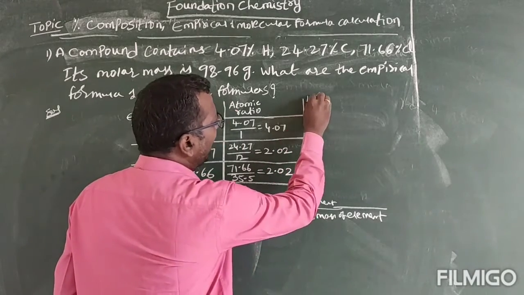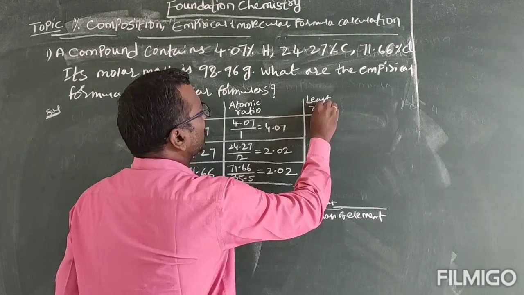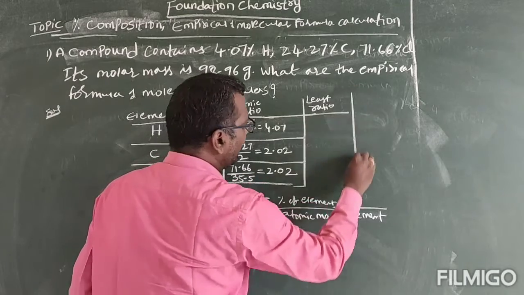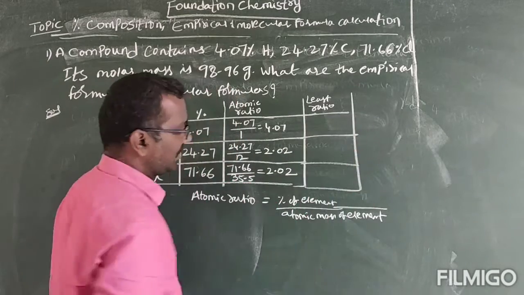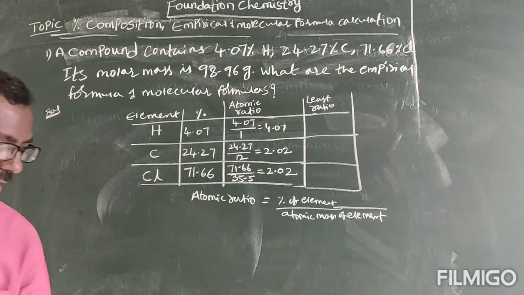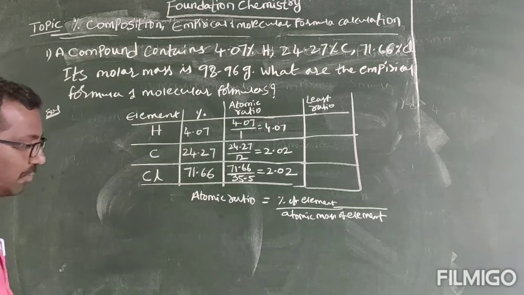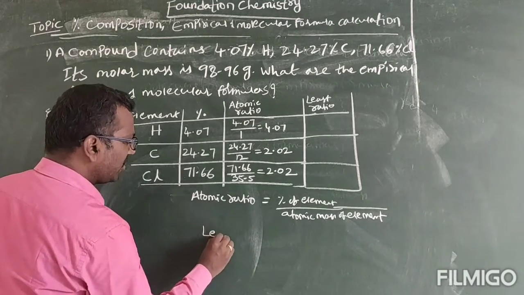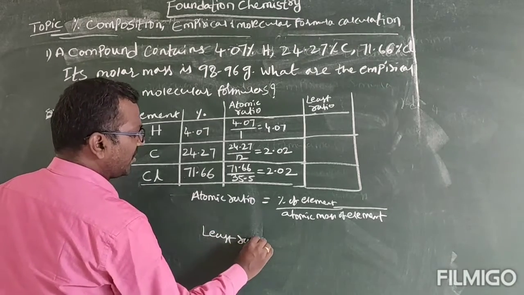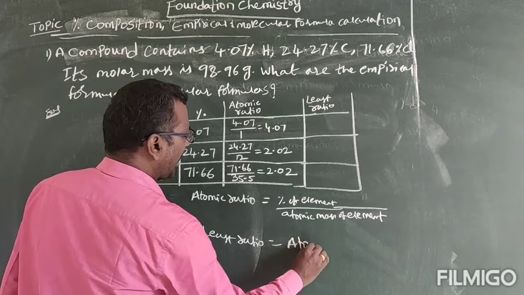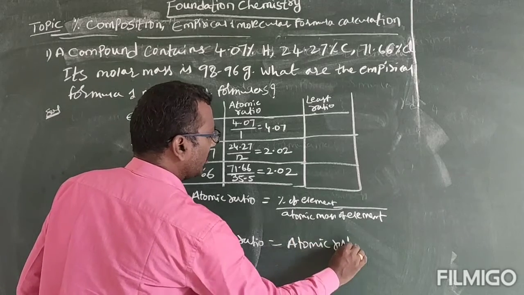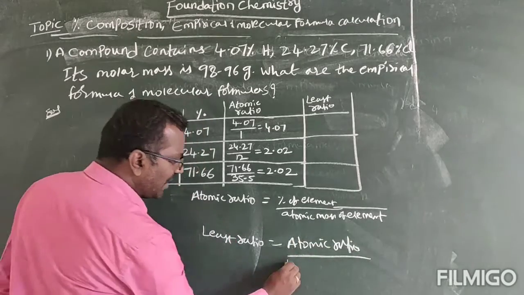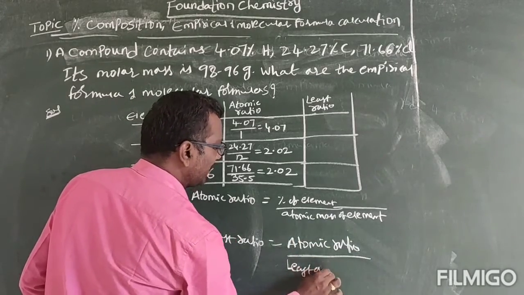Now we will calculate the least ratios. How you will get the least ratio? Least ratios, how you will get means atomic ratio by least atomic ratio.